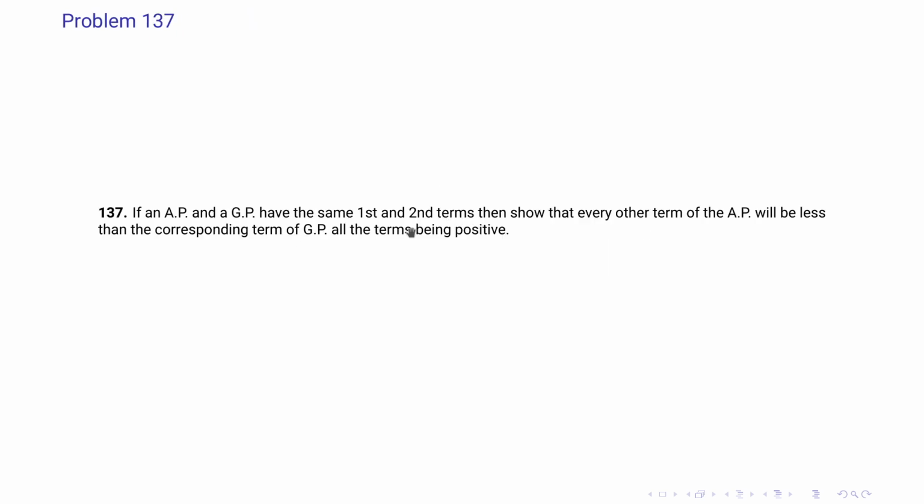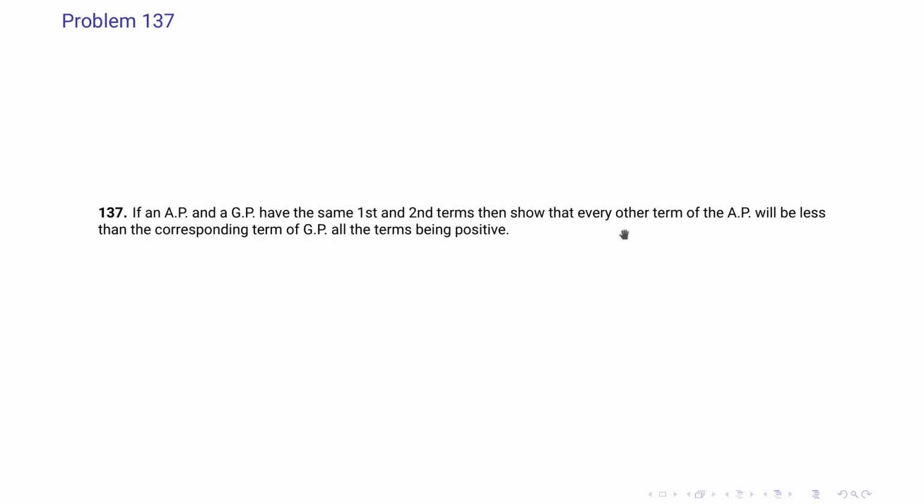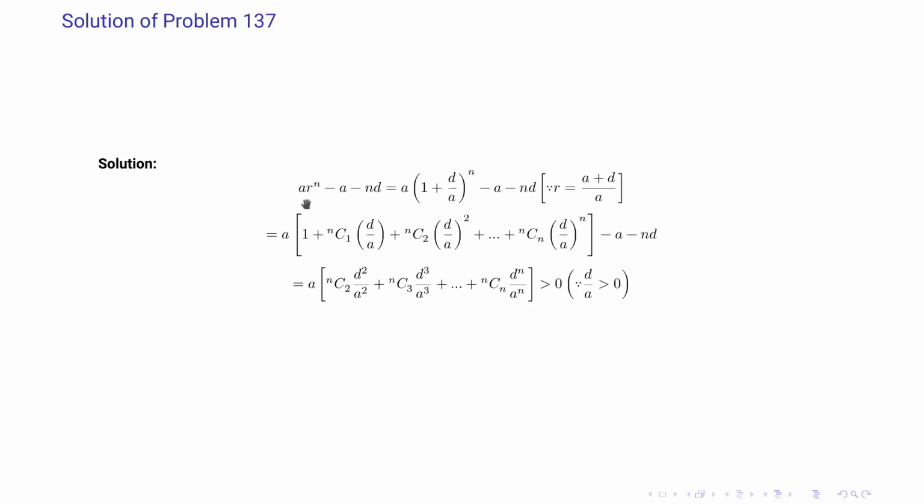So in this case, if we prove that the nth term of the arithmetic progression is less, every other term of the AP will be less than the corresponding term of the GP. So if we can prove that the (n plus 1)th term of the GP is greater than the (n plus 1)th term of the AP, then our desired theorem is proven.